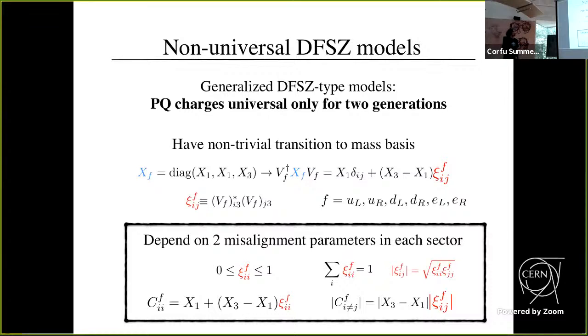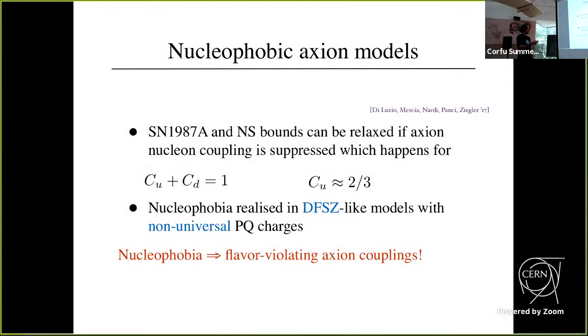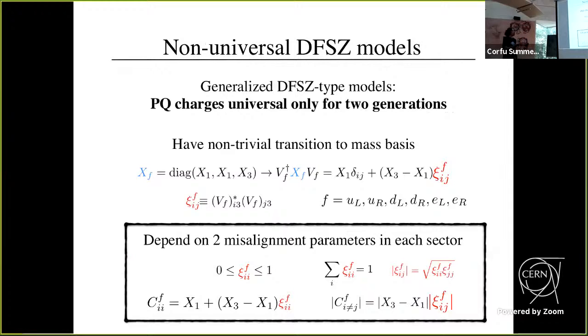Just to briefly explain the idea, in this paper they focused on this class of DFSZ-type models where the first two generations still have universal PQ charges, but the PQ charges of the third generation are different.